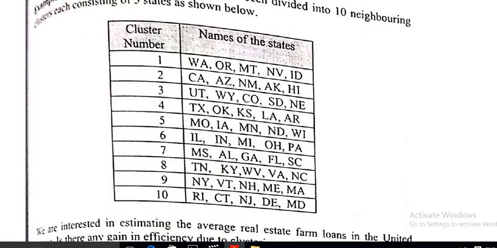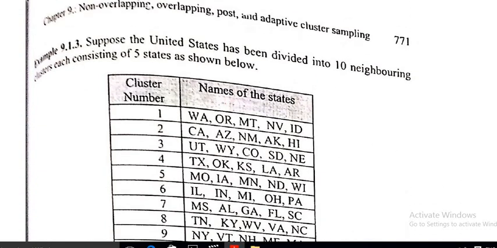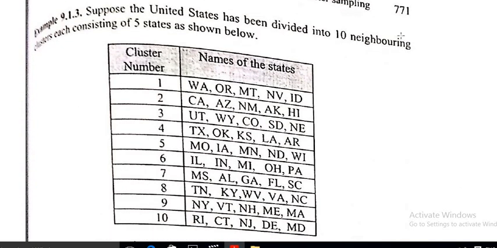Suppose the United States has been divided into 10 neighboring clusters, each consisting of 5 states. We take the states in the neighborhood of certain states as a single cluster. WA, OR, MT, NV and ID are close to each other, neighboring one another.